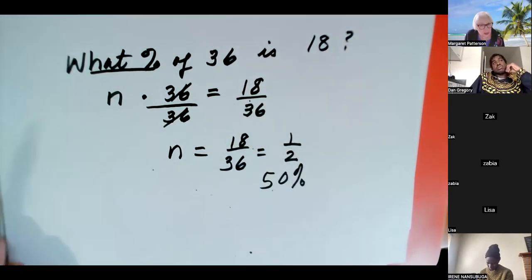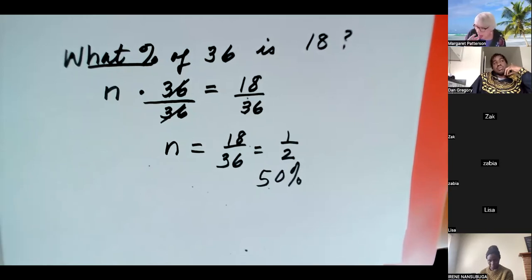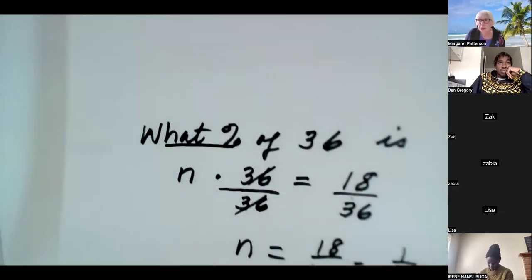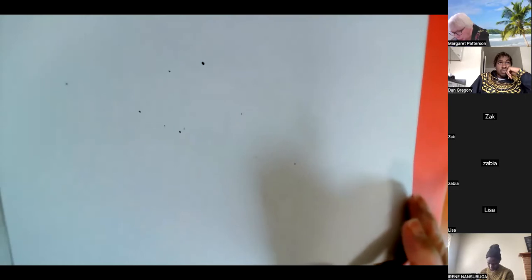And so that's that. Now, there is another method that's shown, and it has to do with proportions. It also works equally well. I'm going to show you both methods, and then you just use the one that works for you.